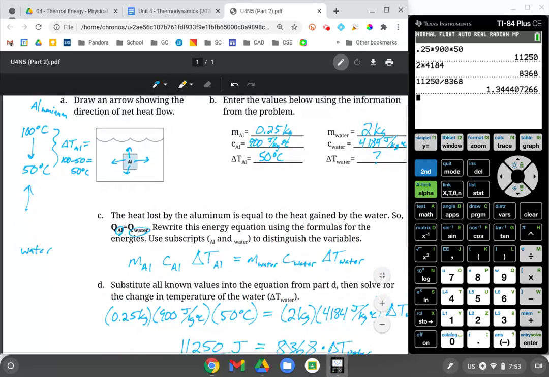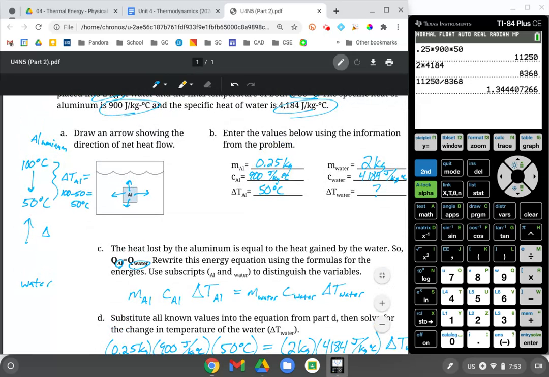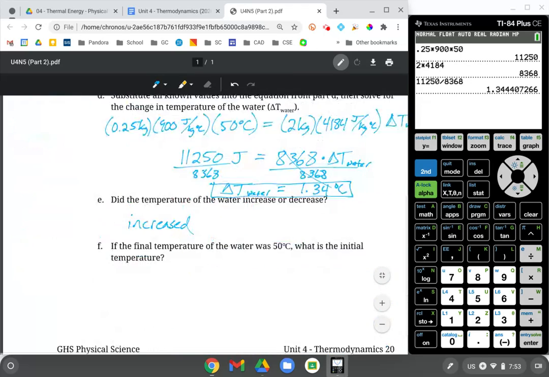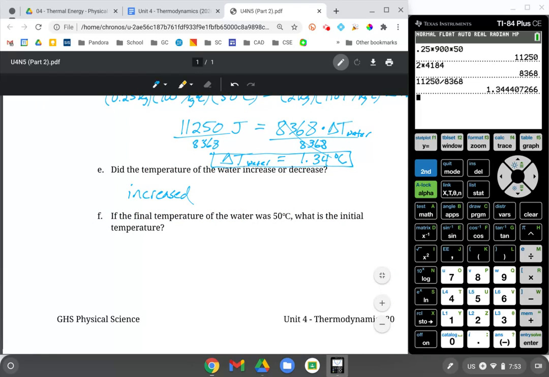And so then all of our math told us that the change in temperature of the water was 1.34 degrees Celsius, and we need to figure out where did the temperature start so that after we added 1.34 degrees Celsius, we ended at 50. And so the last question asks, what was the initial temperature of the water?